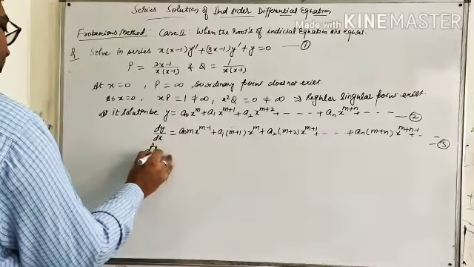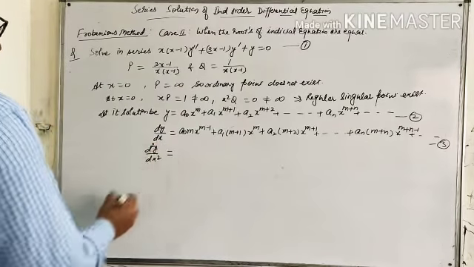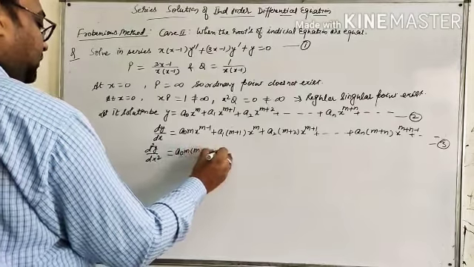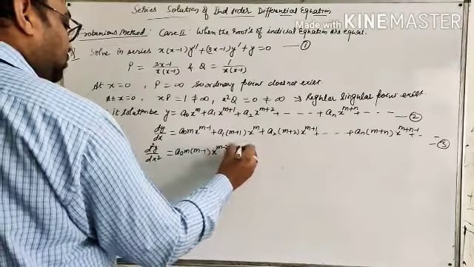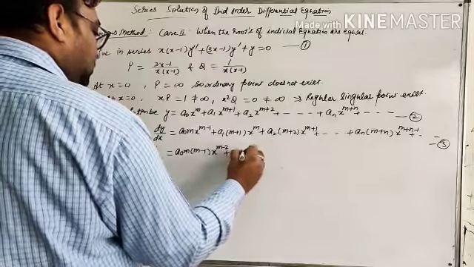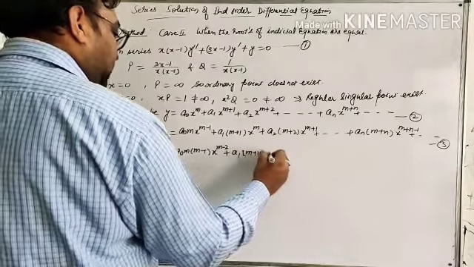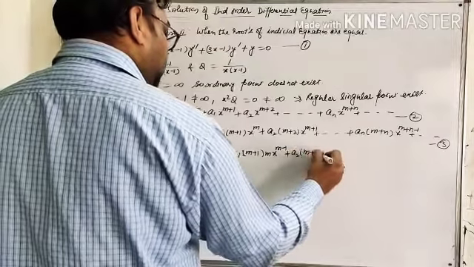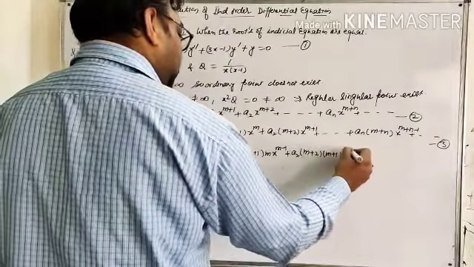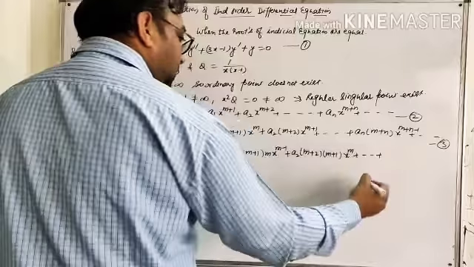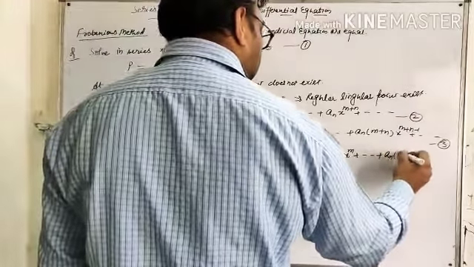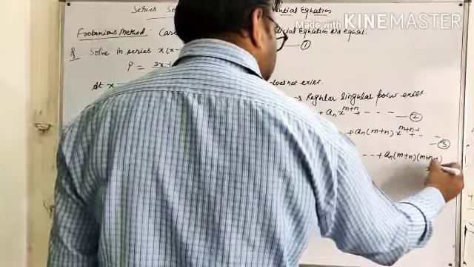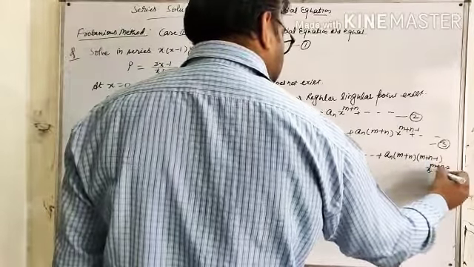And on again differentiating it, we get d2y over dx square, which is equals to a naught m (m minus 1) x raised to power m minus 2 plus a1 (m plus 1) m x raised to power m minus 1 plus a2 (m plus 2) (m plus 1) x raised to power m plus an (m plus n) (m plus n minus 1) x raised to power m plus n minus 2, and so on.